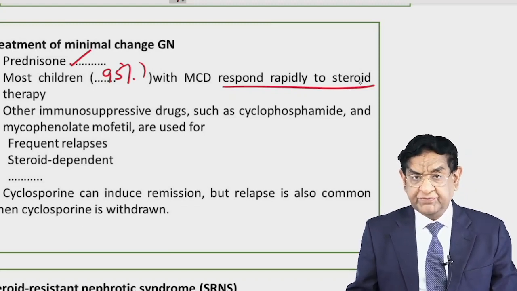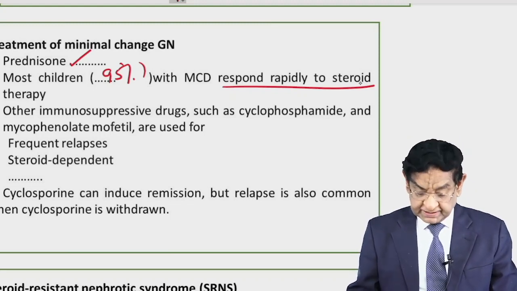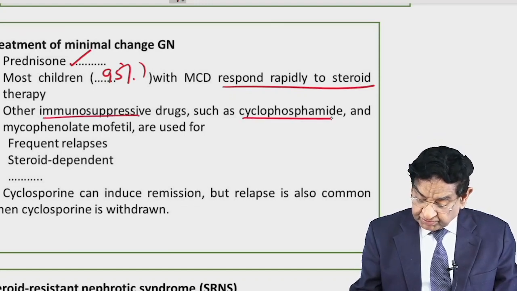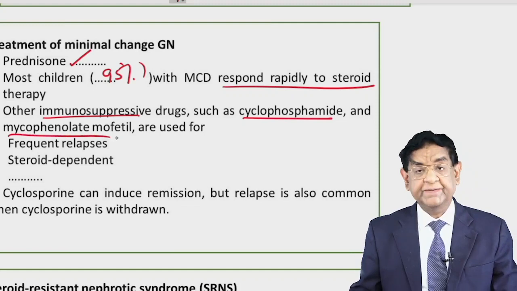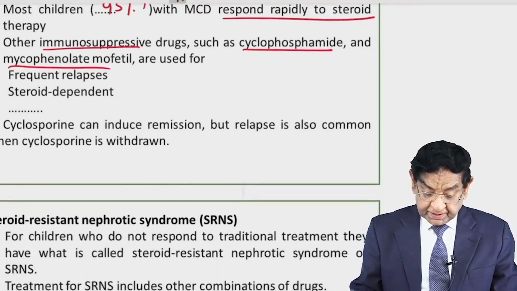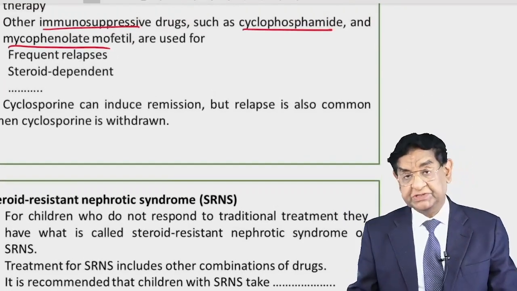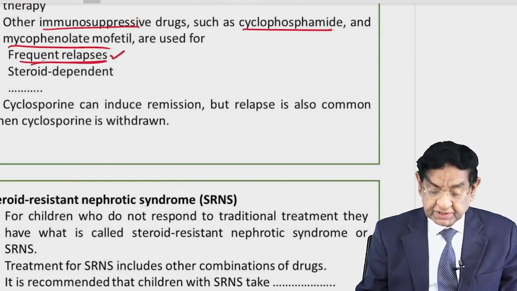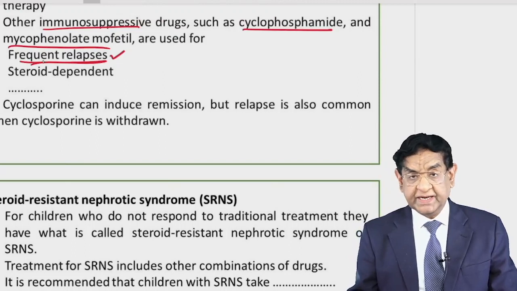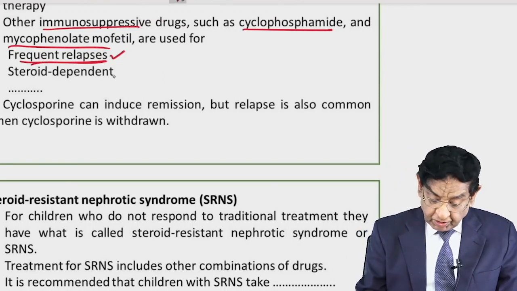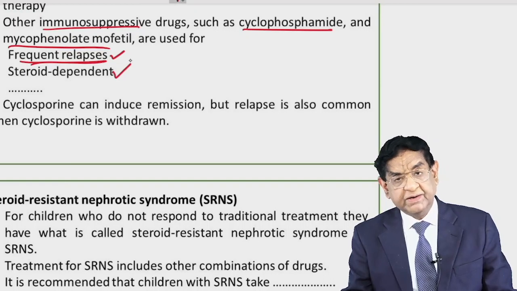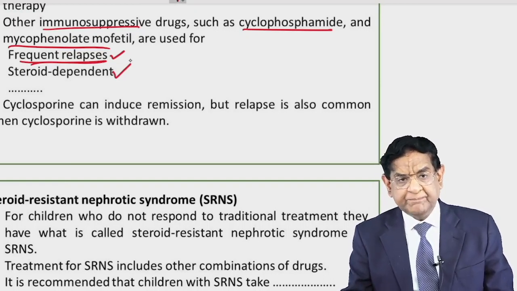But there are a few cases which do not respond. Then we may have to use some other immunosuppressive drug like cyclophosphamide and mycophenolate. But when to use these drugs? In frequent relapses. That means you are giving steroid, but the patient again goes into relapse. Or the moment you stop steroids, they come back.